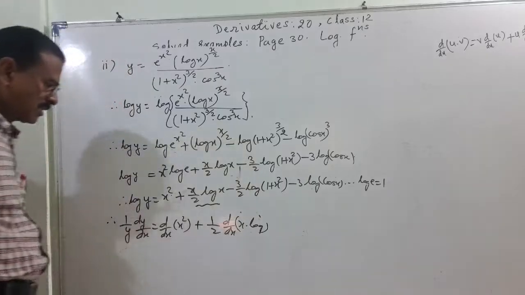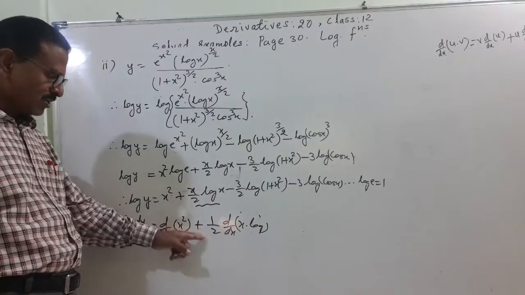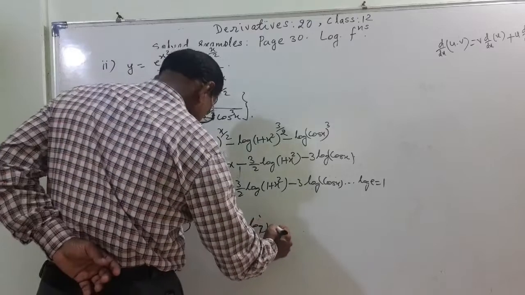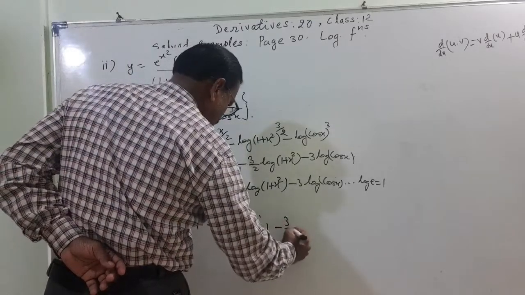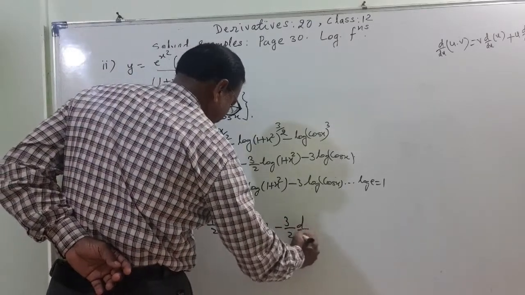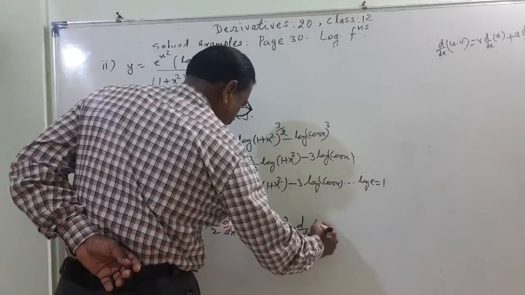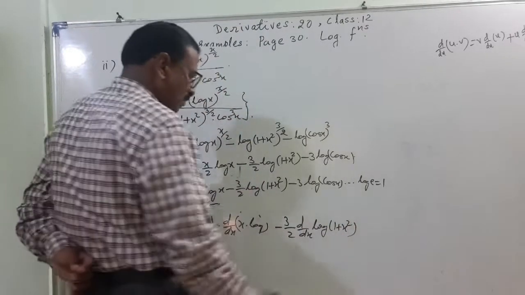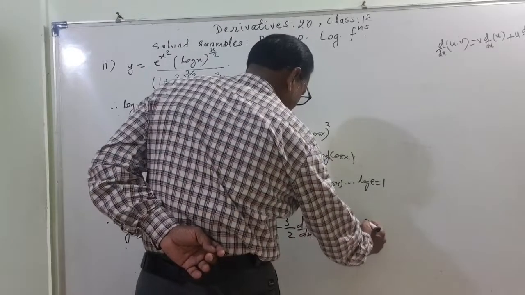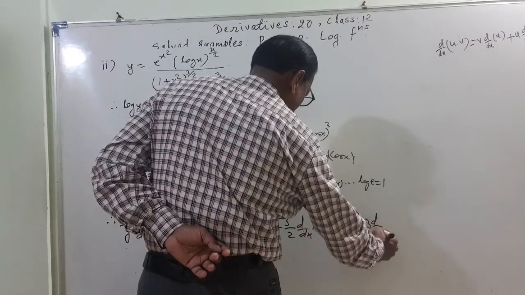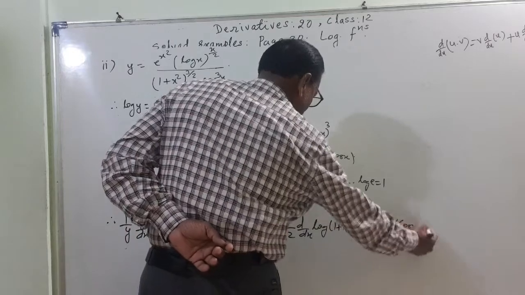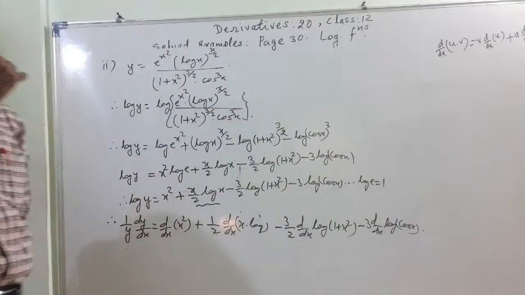See this, this is x upon 2, and 2 is a constant. Take it out. Take the derivative of x log x. Minus, this also 3 upon 2 you will take out, and d by dx of log of 1 plus x square, minus 3 into d by dx of log of cos x. This way I have written.